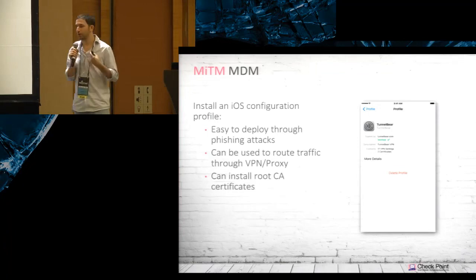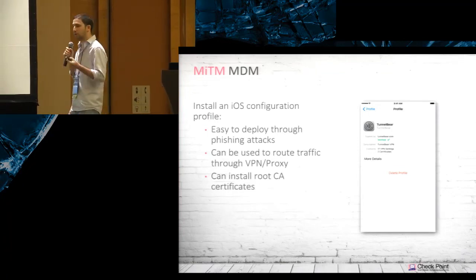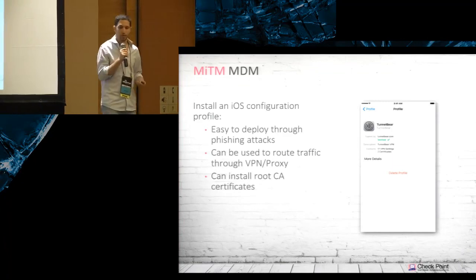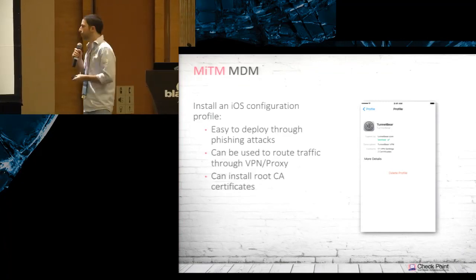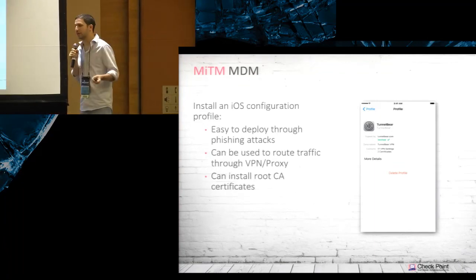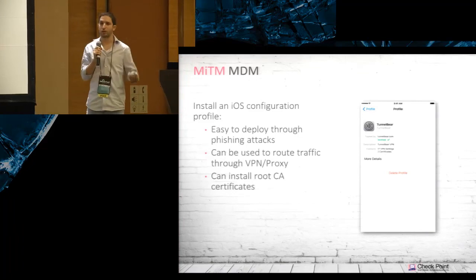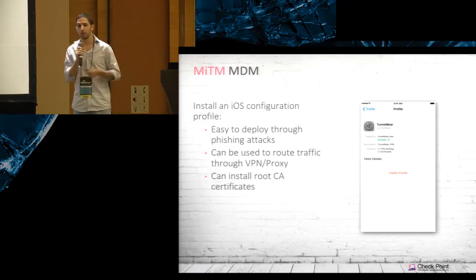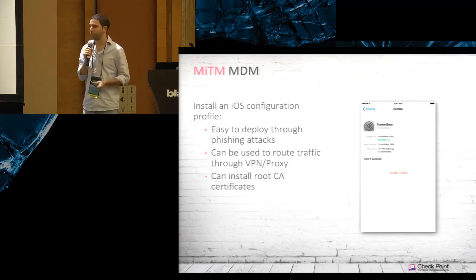When the device loads this XML file, it displays to the user a very easy set of screens that allow him to deploy the settings. This is so easy that mobile carriers sometimes use it to deploy APN settings on the device through a text message. And when you connect to a Wi-Fi, sometimes you get requested to install a configuration profile to use the Wi-Fi.